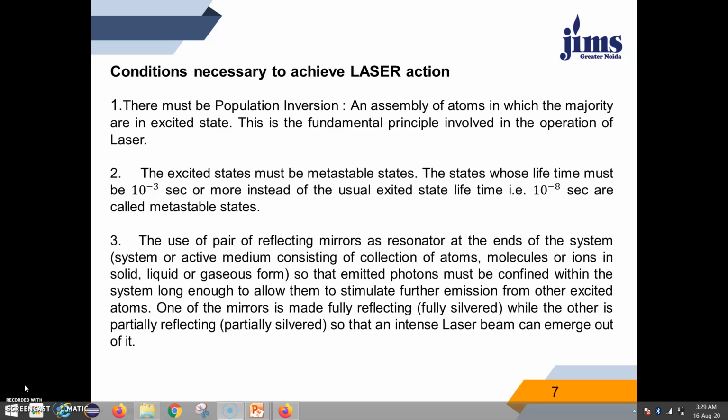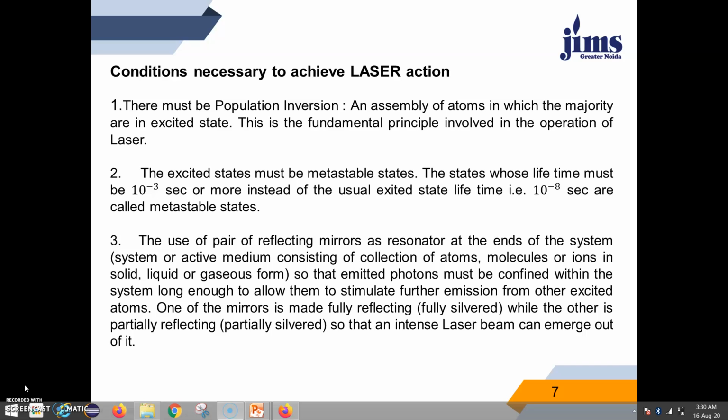Third important condition is the use of a pair of reflecting mirrors as resonator at the ends of the system. System means active medium consisting of a collection of atoms, molecules or ions in solid, liquid or gaseous form, so that emitted photons must be confined within the system long enough to allow them to stimulate further emission from other excited atoms.